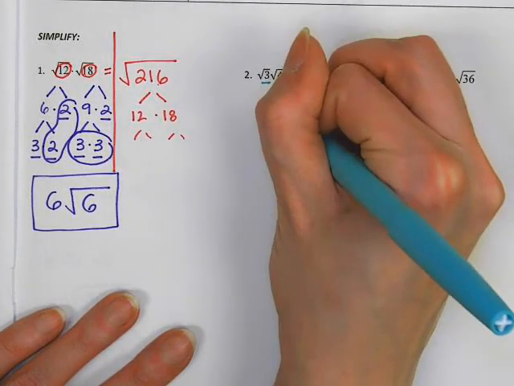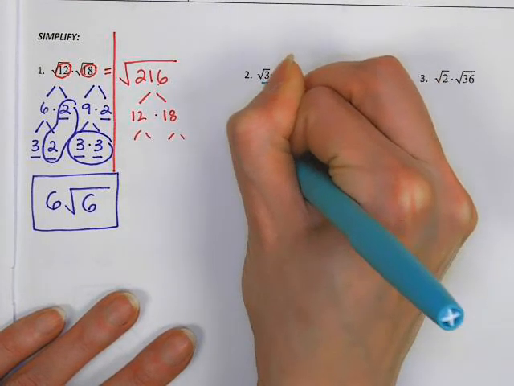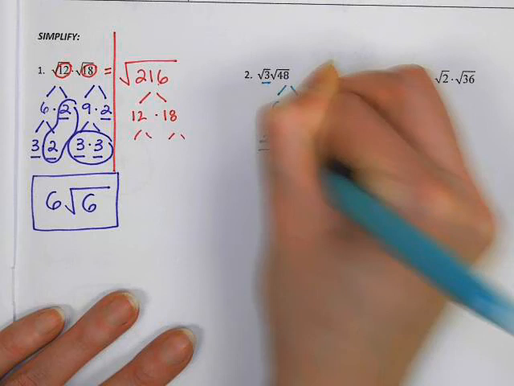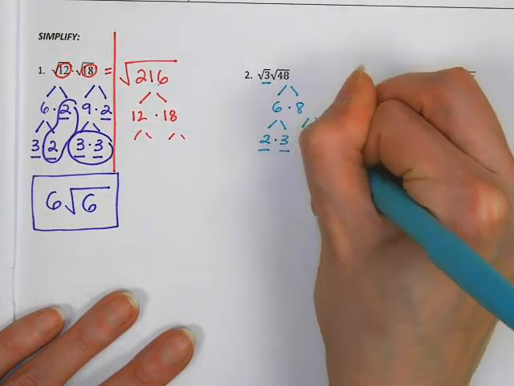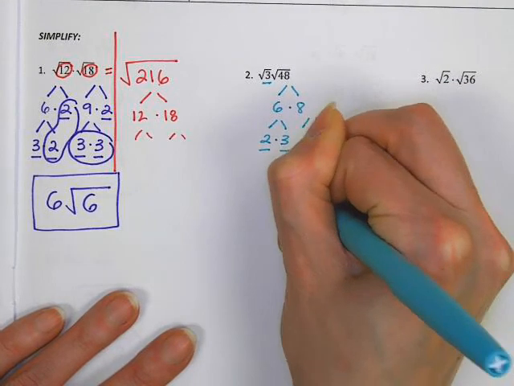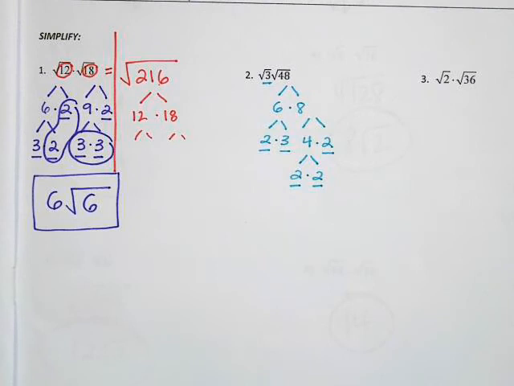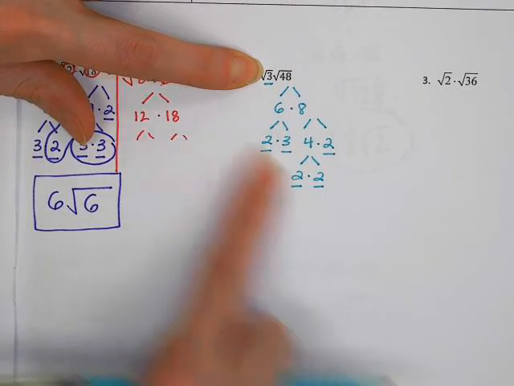So 48 is 6 times 8. 6 is 2 times 3. 8 is 4 times 2. And 4 is 2 times 2. Now, guys, this is the only thing you have to be really careful about. Don't forget that root 3 is part of this tree.